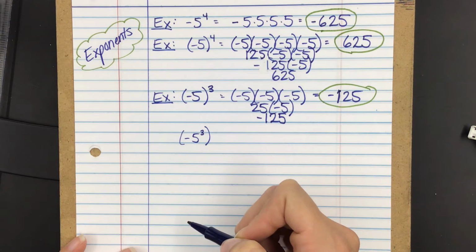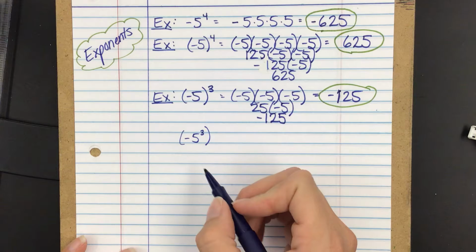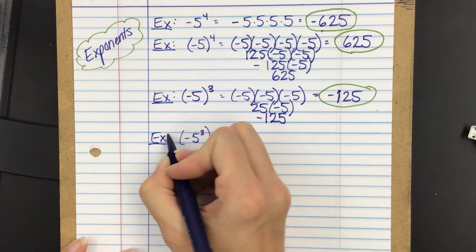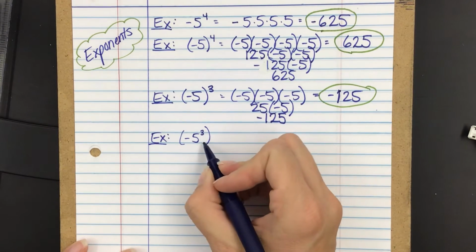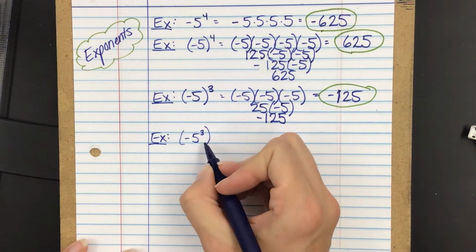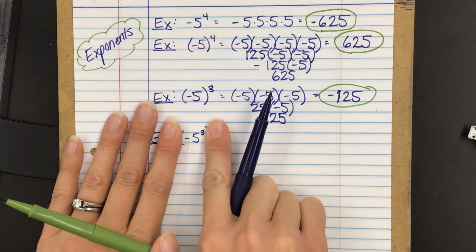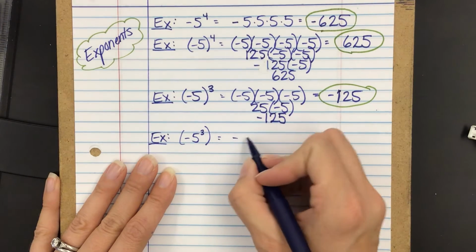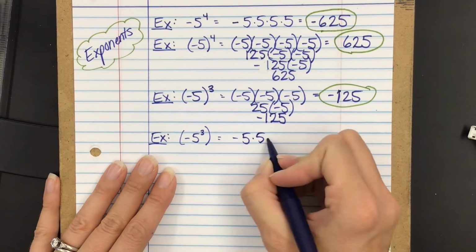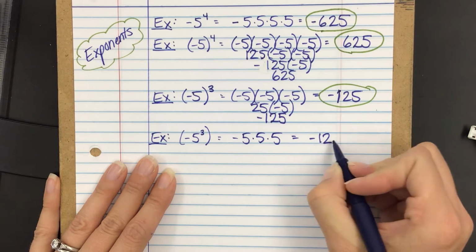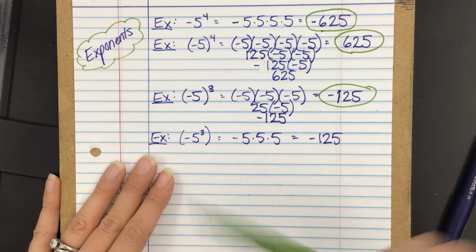Sorry, it's so loud out there. They're just doing all the gardening work. So in this case, let's go ahead and do this as an example. Because the negative 5 is not in parentheses, it's the whole thing, then the parentheses don't even apply here. Okay, so this would be negative 5 times 5 times 5, which will be negative 125.